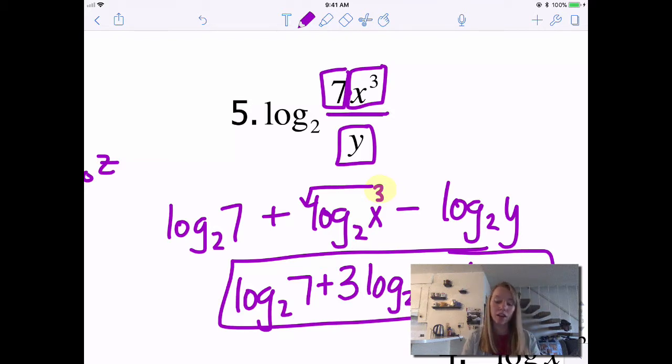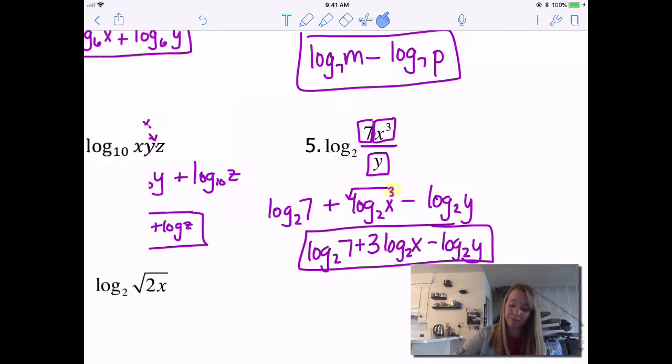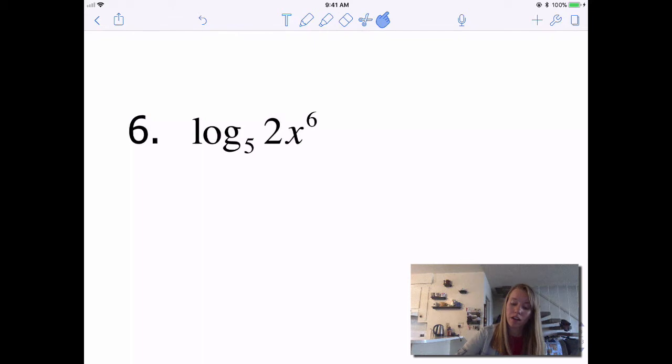You are only done when you have no more powers and all of your terms only have one piece each. So your log base 2 has a 7, log base 2 has an x, log base 2 has a y. Here, see if you can think of how many pieces it has.